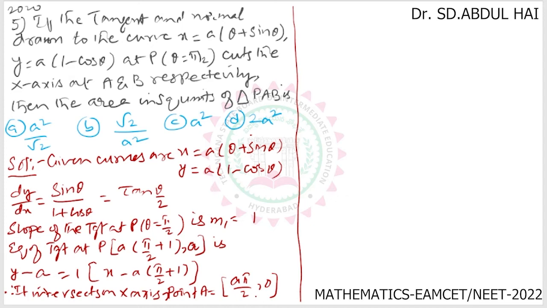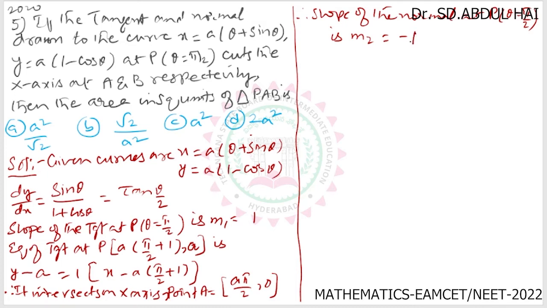Similarly, what we have to find out? The slope of the normal. Okay. Therefore, the slope of the normal at the point P, theta is equal to pi by 2, is m2 is equal to minus 1.